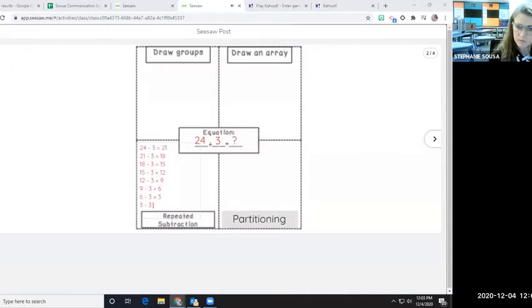And finally, 3 subtract 3 gives us a difference of 0, which means we are out of items to share.